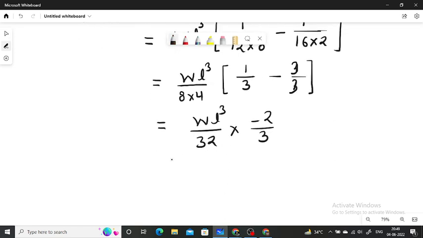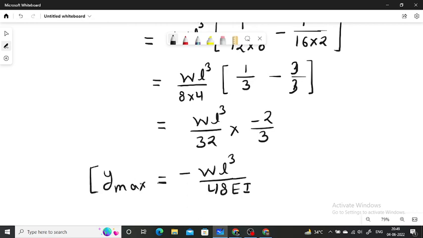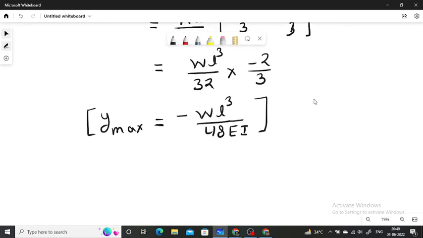This will be minus WL cube upon 48 divided by EI. This will be the maximum deflection in the case of a simply supported beam having a point load at its mid of span.